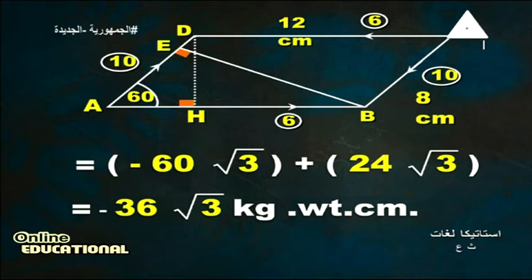Don't forget, my dear student, we have two couples: 10 and 10 form a couple, also 6 and 6 form another couple. The summation of the moments of the couples equals negative 36 root 3 kilogram weight centimeter.